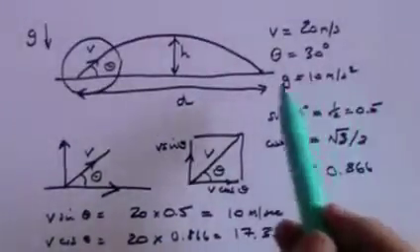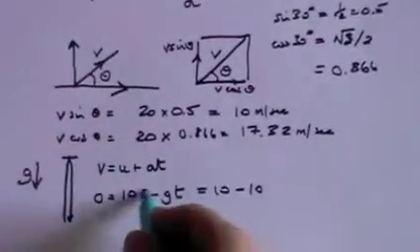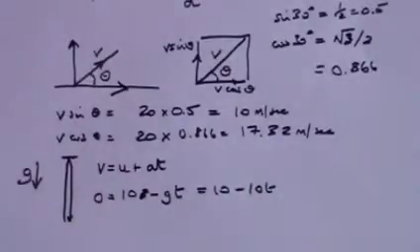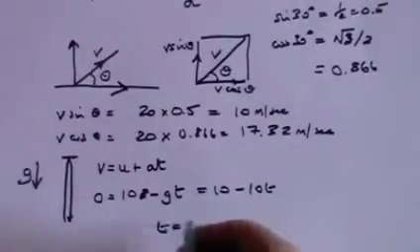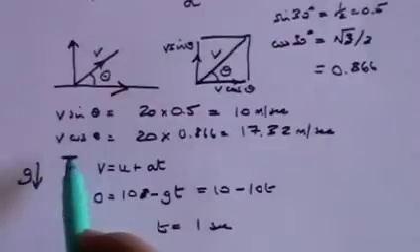We said that we'd make it simple. So it's 10 minus g, which is 10, times t. And that means that t is 1 second. In other words, it takes 1 second for the ball to get to the point where it stops and starts coming back down the other way.